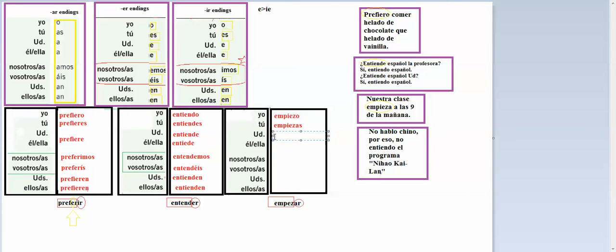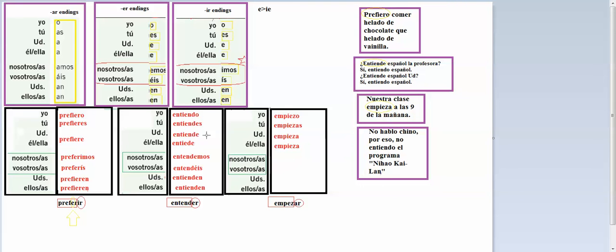So for usted, empez is the stem. I'm going to go back and make the change, and then I'm going to add an A because that's what you would add for usted for an AR verb. And the same here, empez, I'm going to go back and make this change, and I'm going to add an A. Nosotros and vosotros, the box isn't there, but it should be, so I'm going to add it.